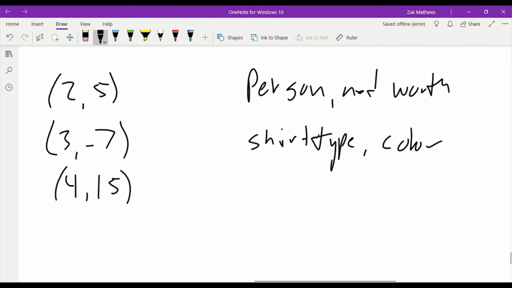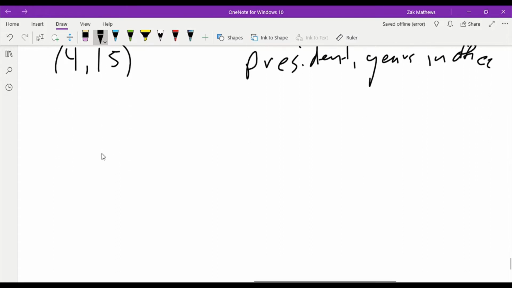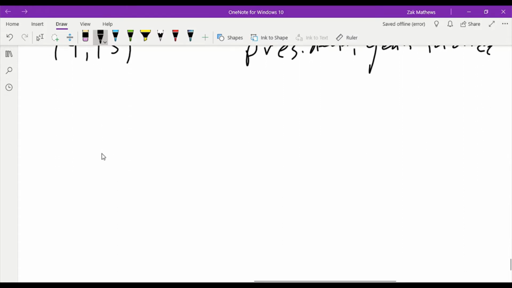We could be looking at say a president and the number of years they're in office. Or the year that they're in office, or any number of things, right? So a relation is simply taking one set of objects to another.